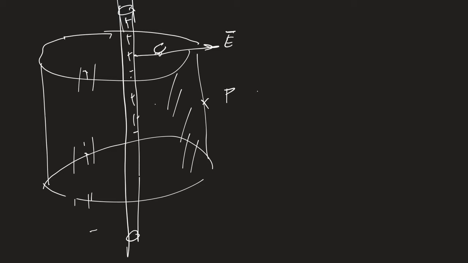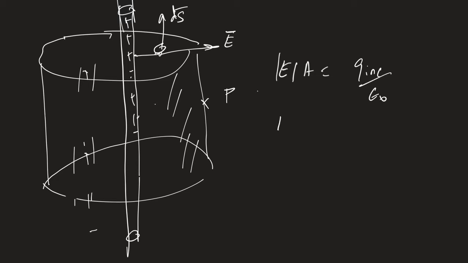Well, dS will go like this. So E scalar dS for the two tops will be 0. So E times the area will be the charge inside divided by epsilon 0.